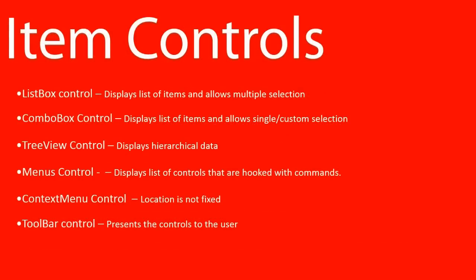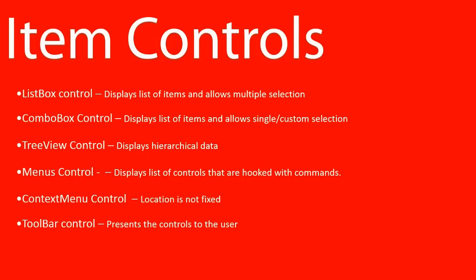Now we're gonna have a quick look at the item controls. So basically these are controls which are list based. They contain multiple child items. The first one is the list box control. It displays a list of items, and it allows multiple selection and all that kind of cool stuff.